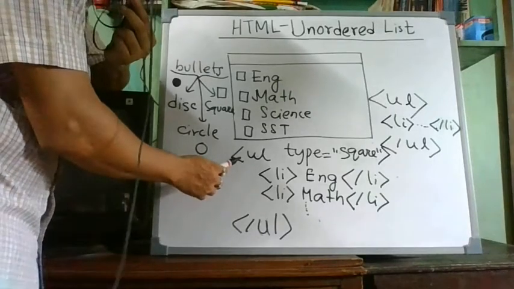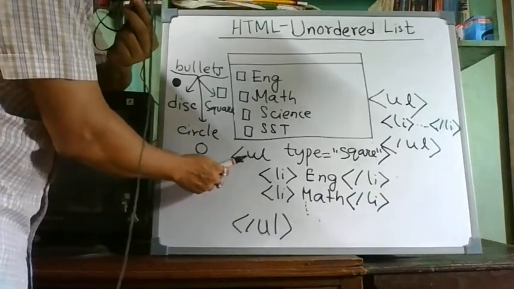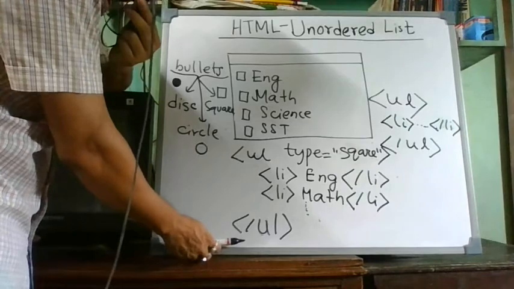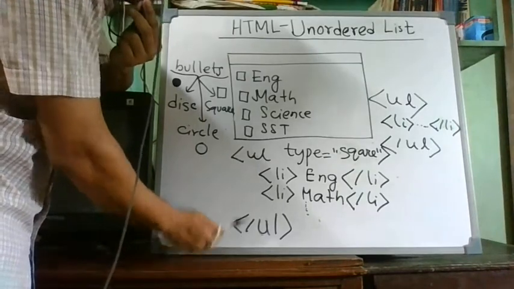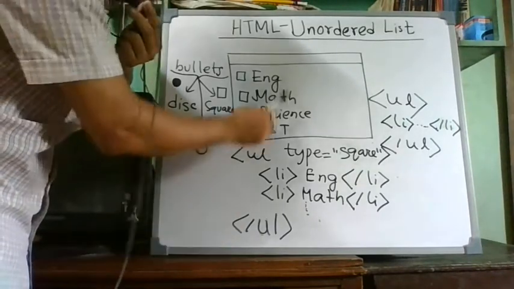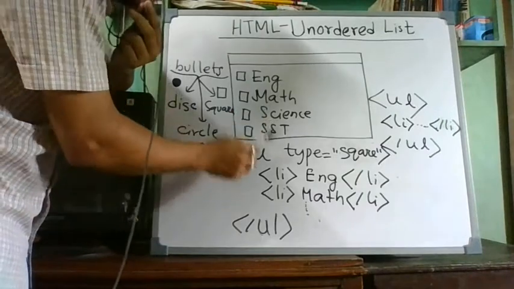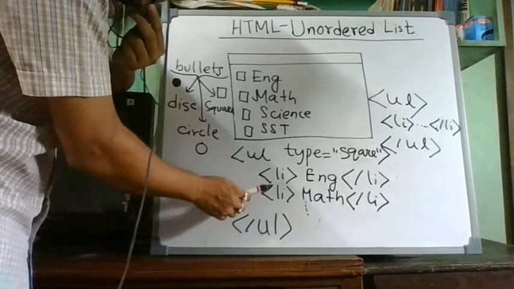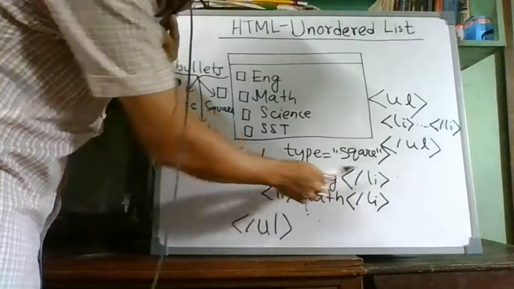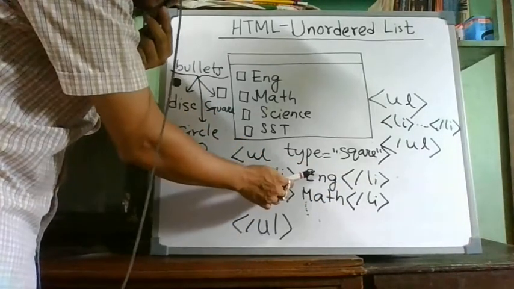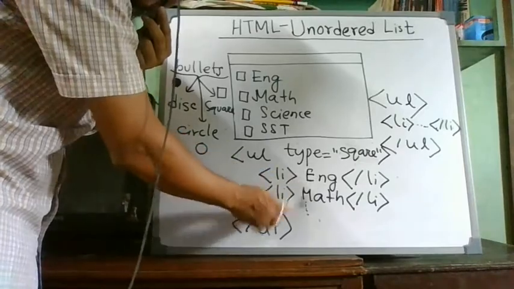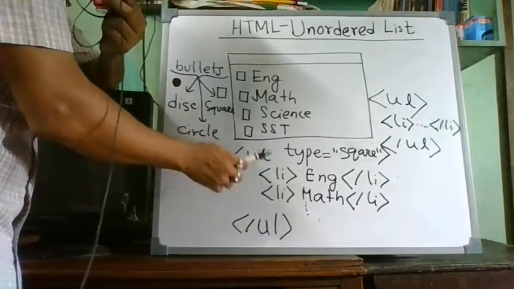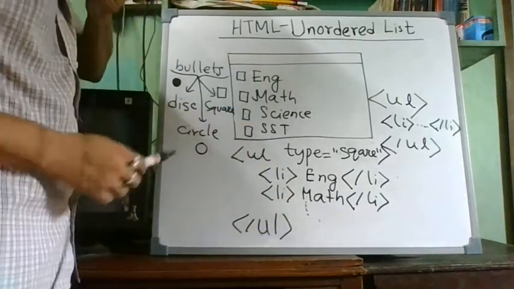It starts with a starting UL tag and ends with the end UL tag. Within the UL tag, we can create the list items with the help of the LI tag. LI means list item tag. Within the starting and ending list item tag, we can mention each and every list item. So like this, we can create an unordered list.